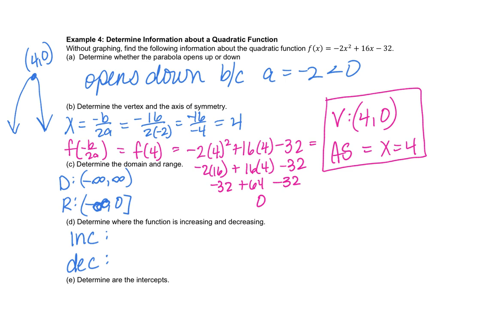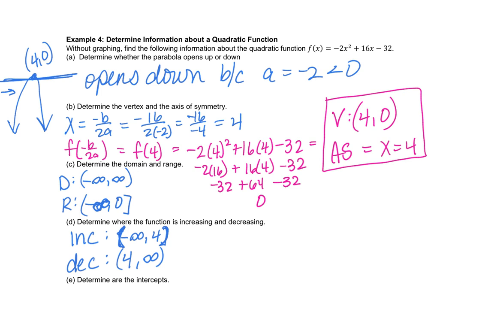All right, increasing and decreasing. Increasing and decreasing is looking at your x values. So I'm increasing coming in from the -infinity to 4. And then once I hit the 4, I am then going down.